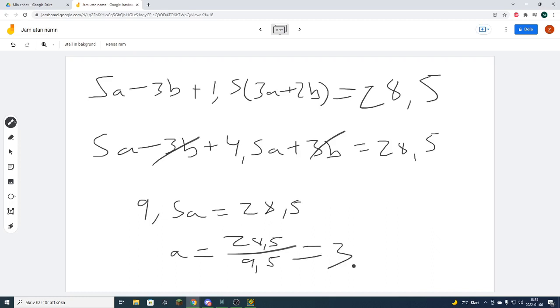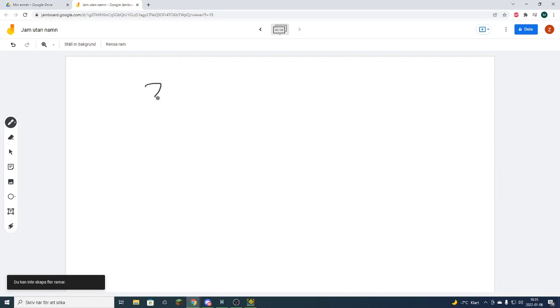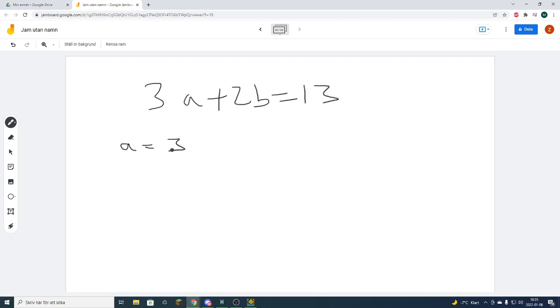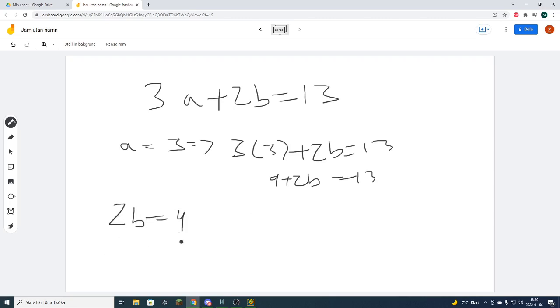Now, the great thing about simultaneous equations is that now we can just plug in our value. We can plug it into, for example, 3a plus 2b equals 13, and we plug in a equals 3, which gives 3 times 3 plus 2b equals 13, 9 plus 2b equals 13, subtract 9 from 13, you get 2b equals 4, divide both sides by 2, and you get b equals 2.